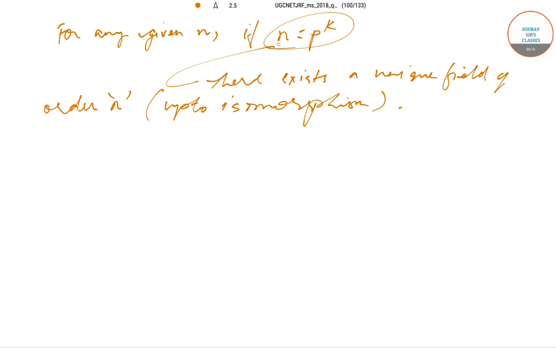This is possible. If n is some power of a prime number, then there exists a unique field of order n. But for other n, this is not possible, as I have already mentioned for the last option.